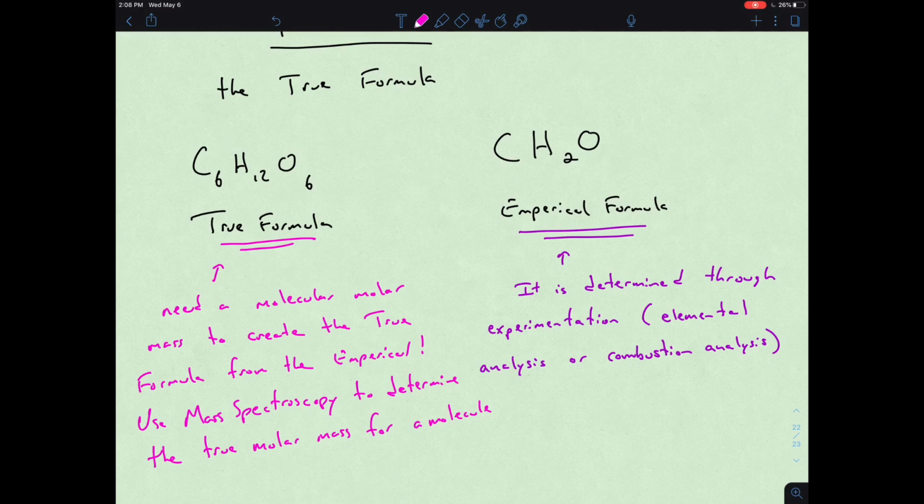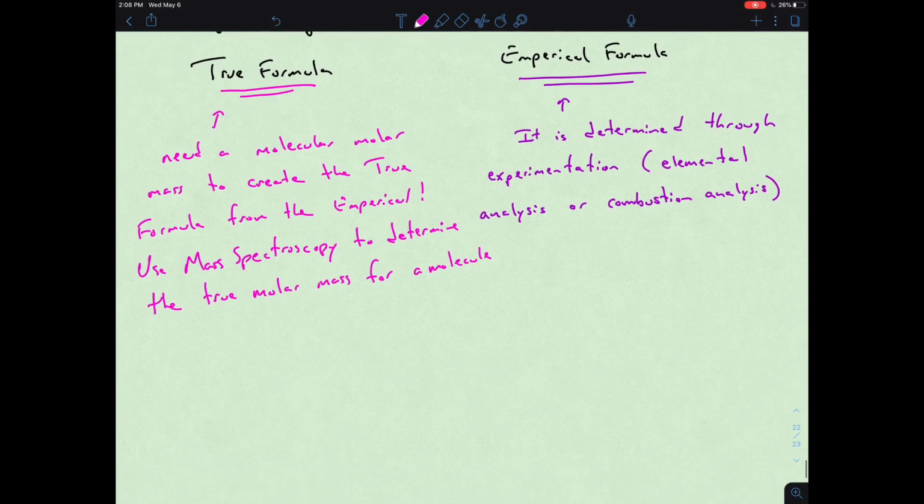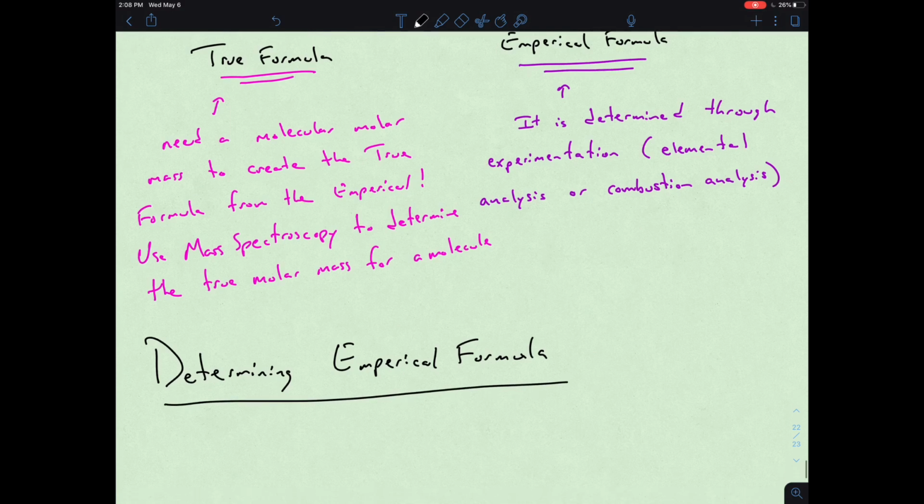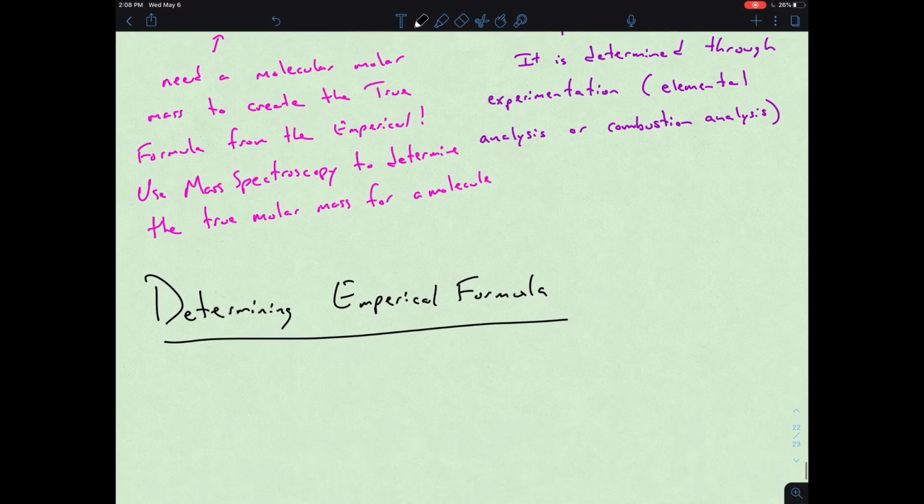So let's look at some examples of determining empirical formula first. And then we'll get into determining basically both of them.